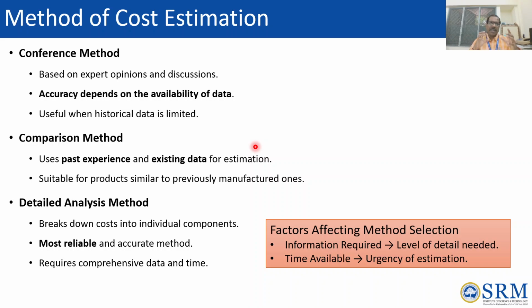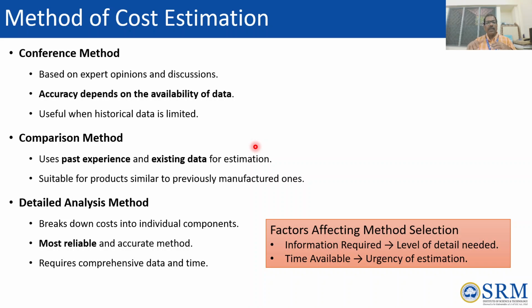So what are the factors affecting which method we want to select? First, the information required, the level of detail that you need. How much detail you need about the particular product is very important. Consider a mobile phone. You can't just say that I need a mobile phone. That is not the detail.